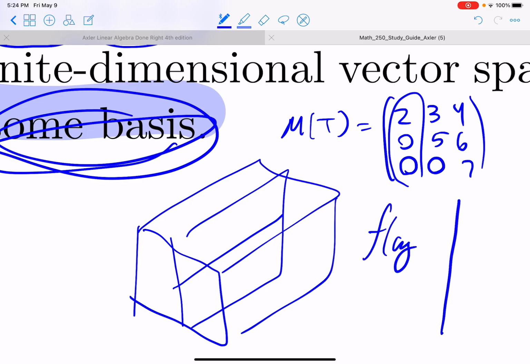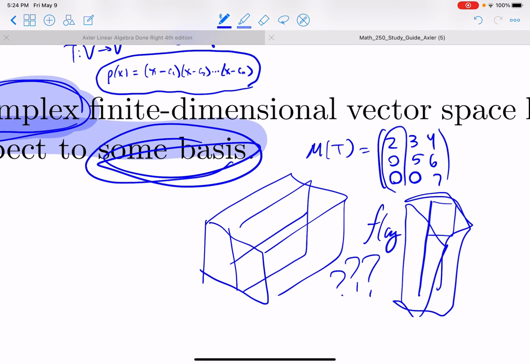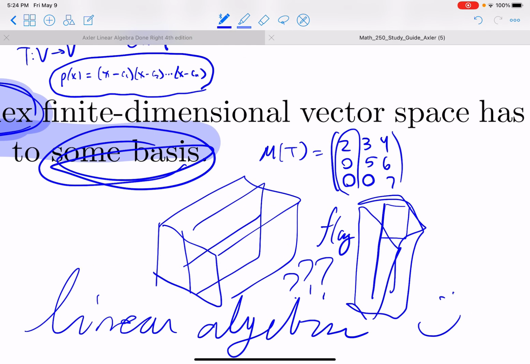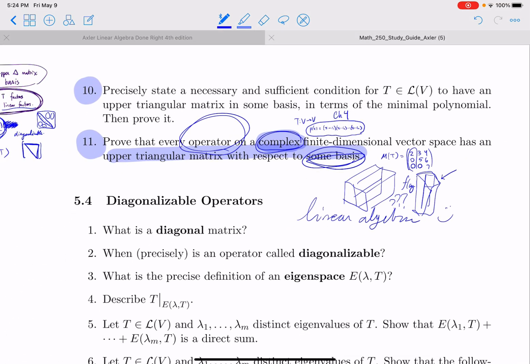I don't know how to draw higher dimensional things, but I don't need to, because I know linear algebra. So I can compute in higher dimensional spaces just as easily and without drawing any ridiculous pictures, even though I drew one ridiculous picture. Okay, so that's good. On to diagonalizable operators next time.